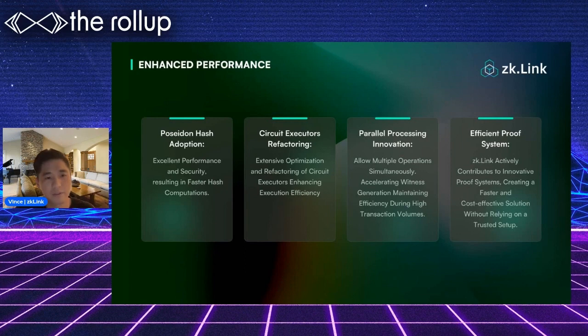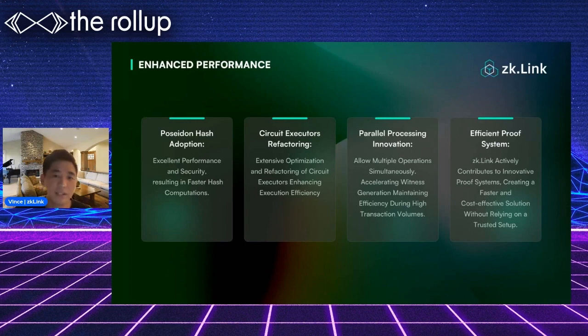For one opcode, our circuit is actually slightly bigger compared with the opcodes on ZK EVMs, but at the same time, the total scale of the zero-knowledge circuits of zkLink is significantly smaller compared with ZK EVMs, because for a ZK EVM you need to build hundreds of opcodes, but we only need like 10, 20 opcodes for the use cases that we support.